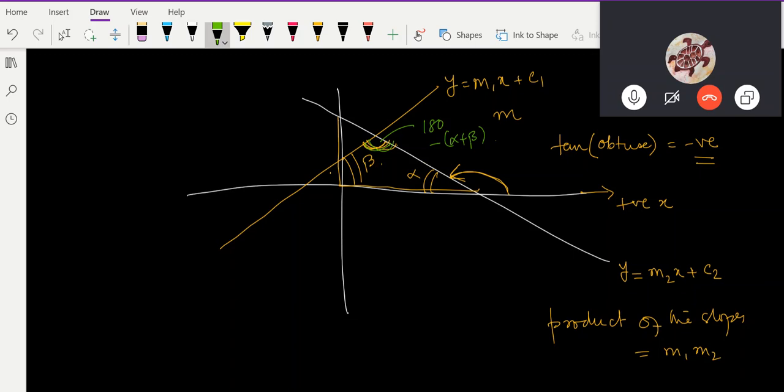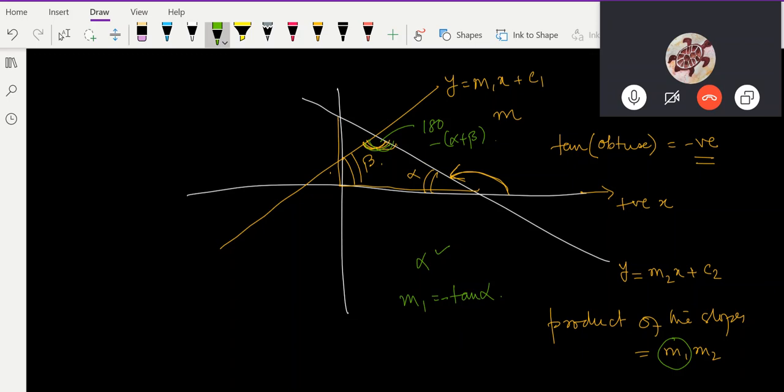So that means if I know the slope of one line, let's say m1, which means I know the angle alpha, which is m1 is minus tan alpha, not tan alpha, it's negative, right?